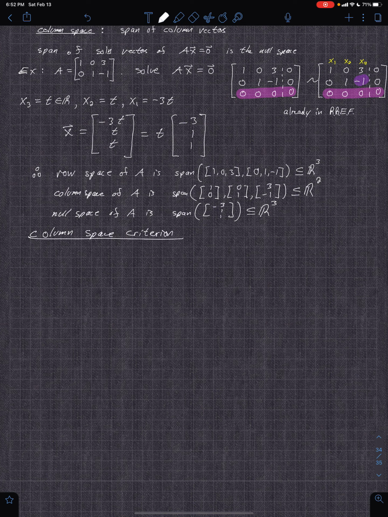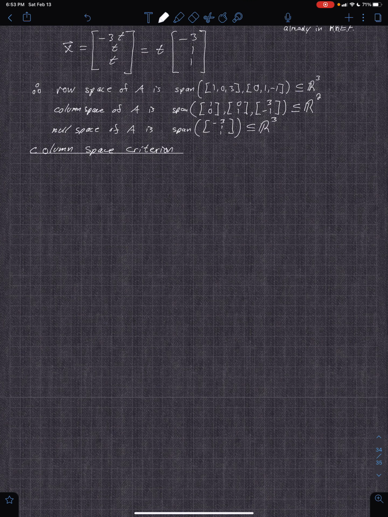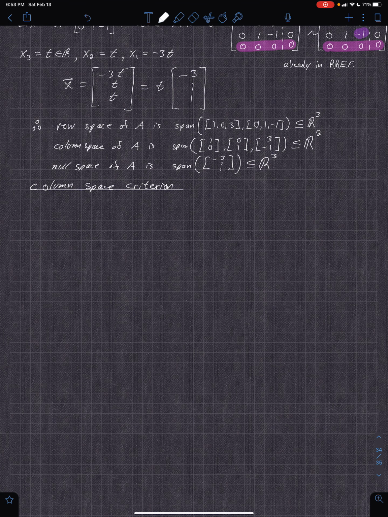So the column space criterion is this: a linear system has a solution if and only if B is in the column space of A. And it has to do with the span. We looked at that earlier, the span of the column space. So if B is in the span, then it works.